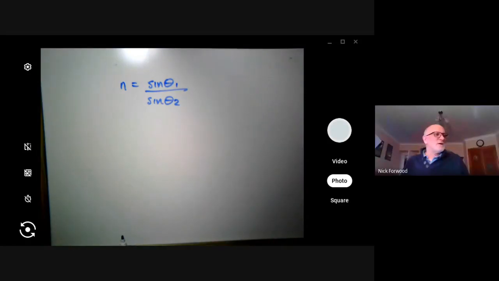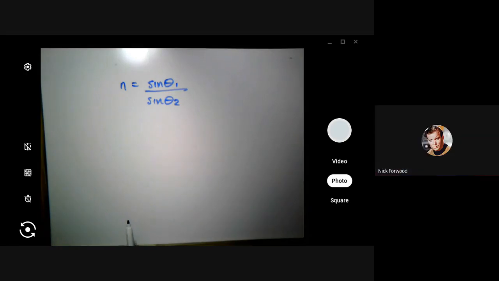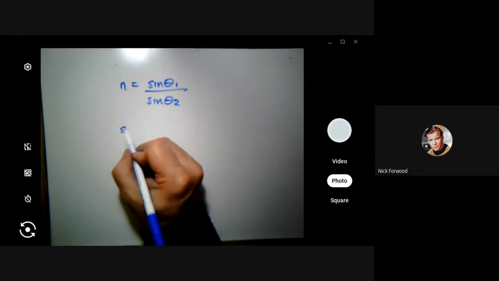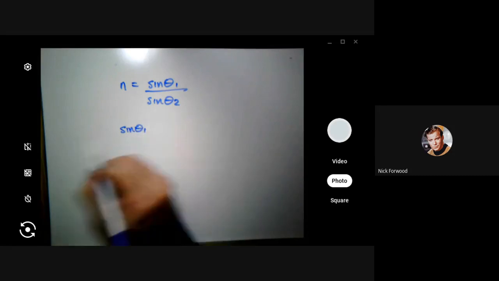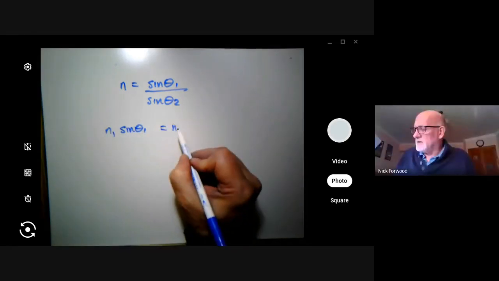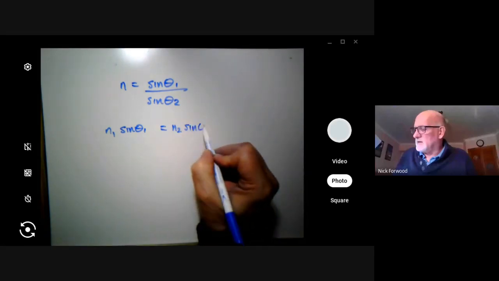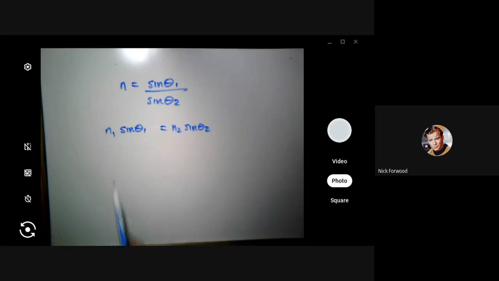I'm going to introduce you to a new formula. This formula is not on the sheet, and you're going to have to remember this: wherever you have sine theta 1, you have an n1, and that is equal to n2 sine theta 2. This is for two different materials.